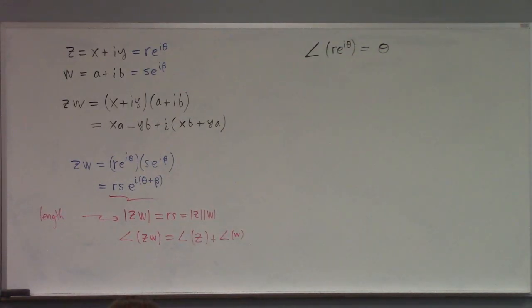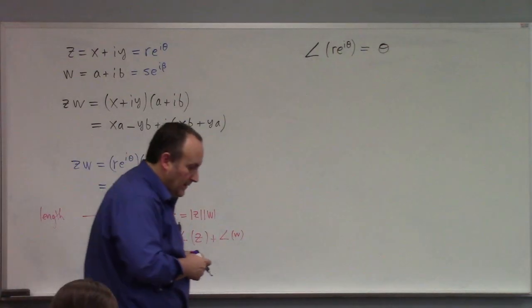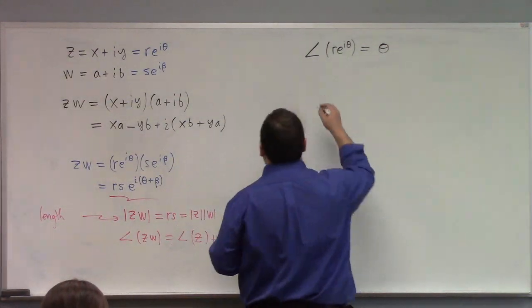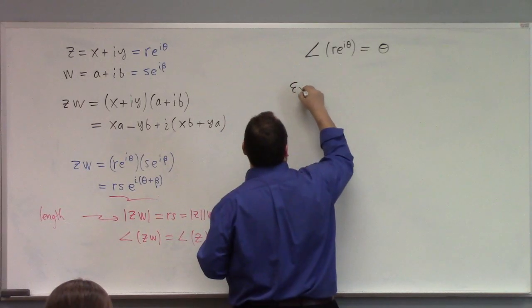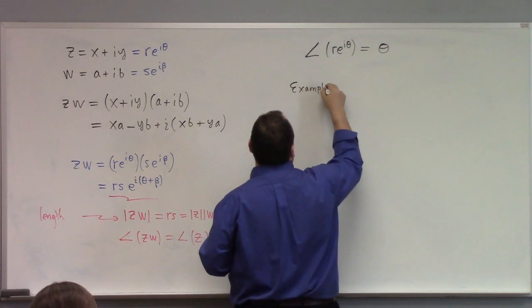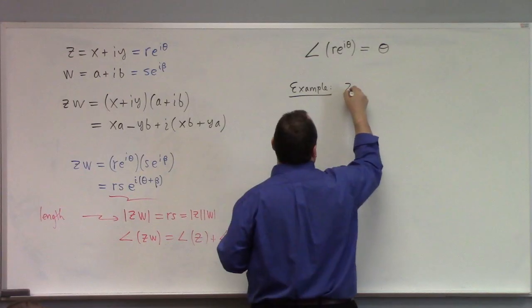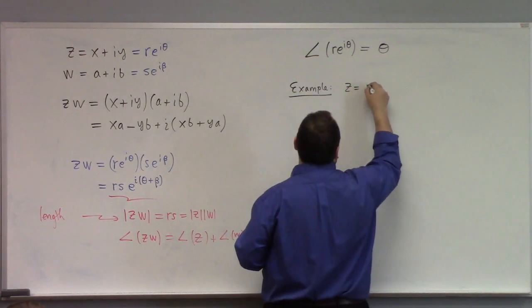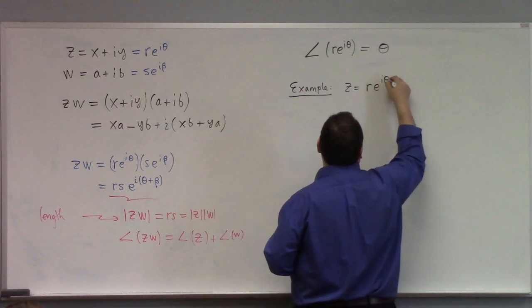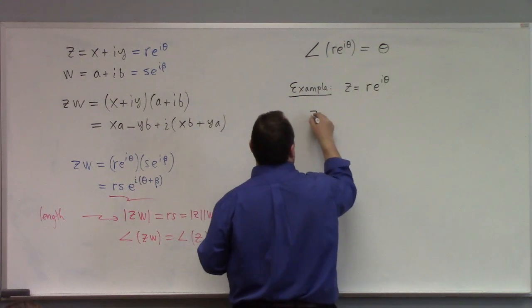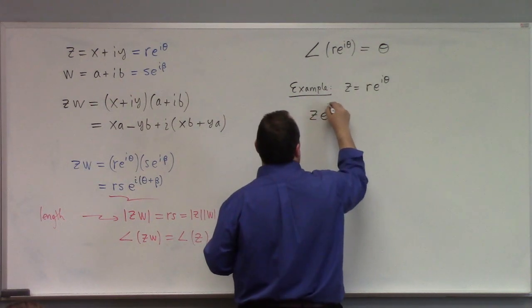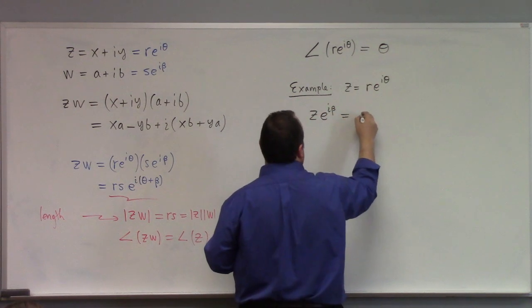We could use 0, or we could use 2 pi, we could use 4 pi, we could use 6 pi. These geometrically are all the same angle. Yeah. So, for example, if I have z is r e to the i theta, and I do z times e to the i beta, what does that give me?